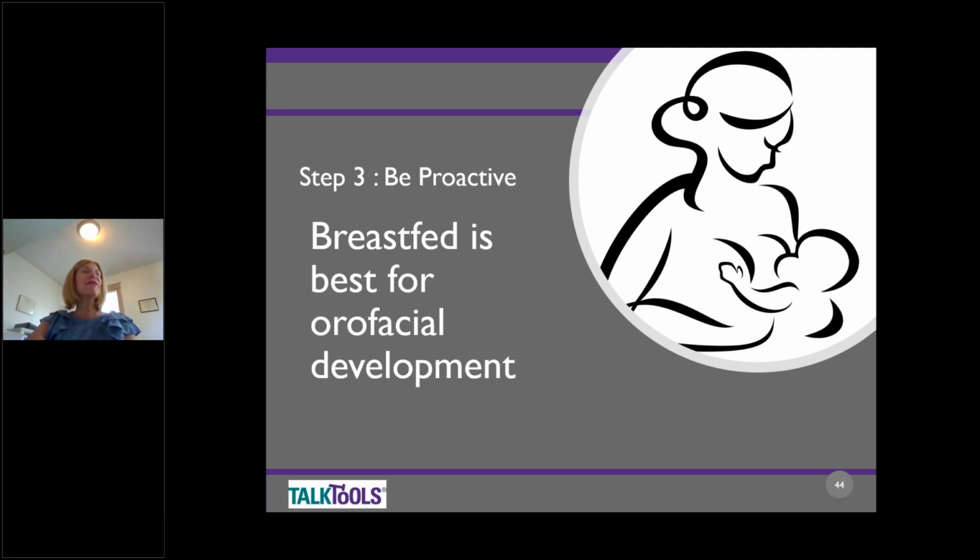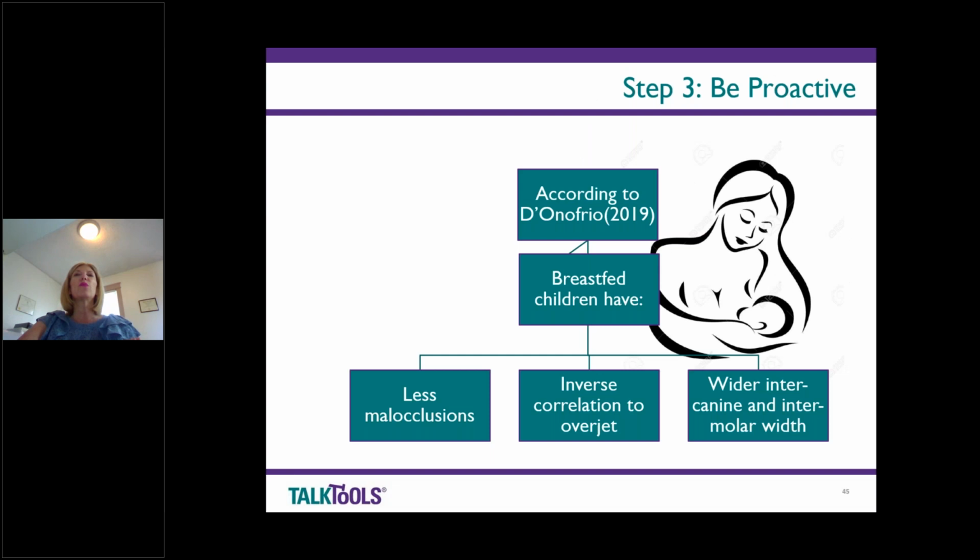Being proactive, whether you're an SLP, an OT, a PT, a chiropractor, being an advocate for breastfeeding is really important because breastfed is best for orofacial development. And when we look at Linda D'Onofrio's paper that I talked about at the beginning of the class, which she found in a literature review is really amazing, that breastfed children have less dental malocclusion.